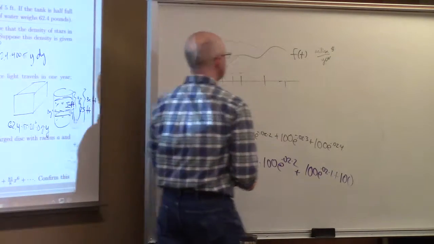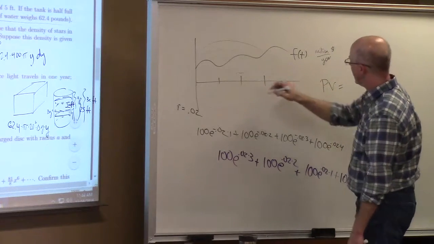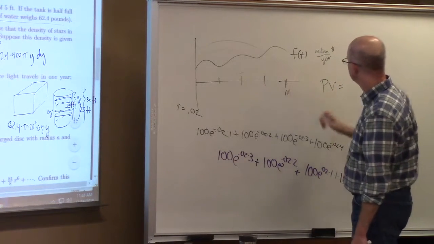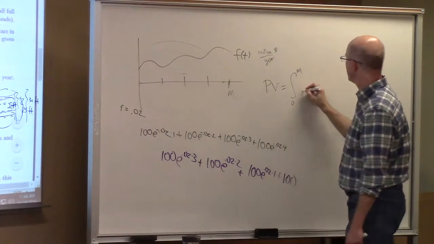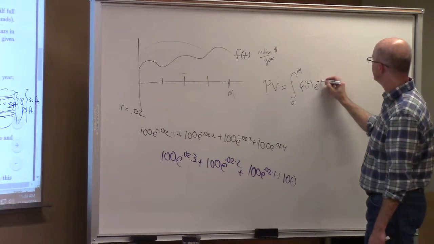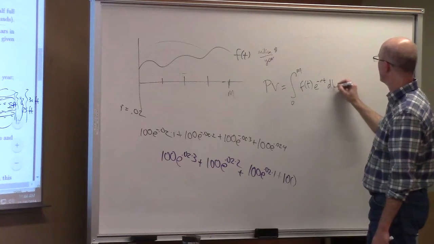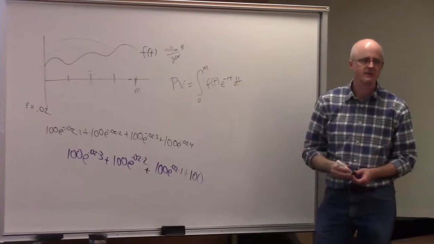The present value of such a cash flow from time 0 to time m, the book writes as this: the integral from 0 to m of the function f of t times e to the negative rt dt, where r is the given continuous interest rate as a % per year.